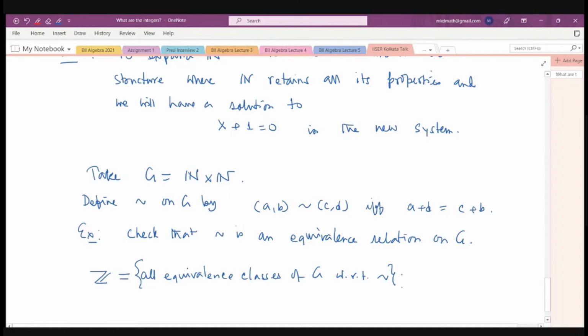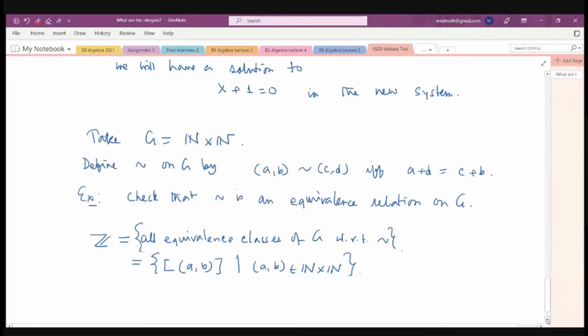So it looks like the equivalence class of, say, (A, B), where A, B belong to G, and G is N cross N. An equivalence class will be denoted by the square bracket.